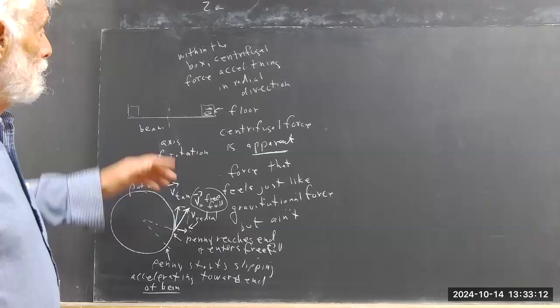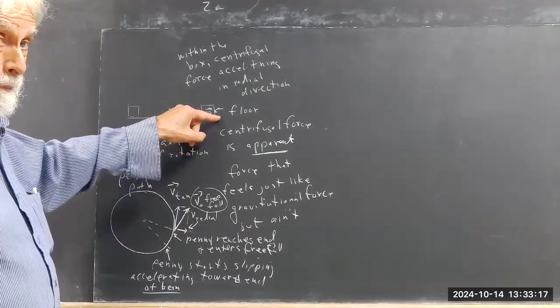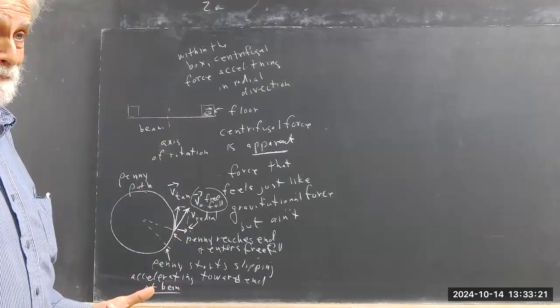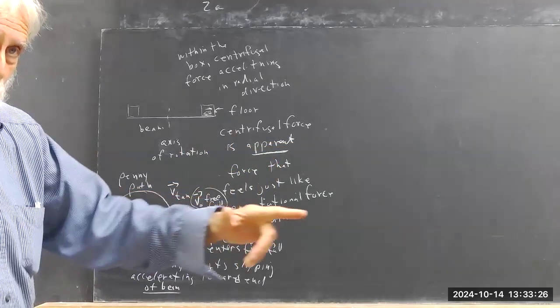Now there are more subtleties to the acceleration of a penny that starts here and goes out to here, because the further out it goes, the faster it goes. So it's picking up speed in that direction at a non-uniform rate.